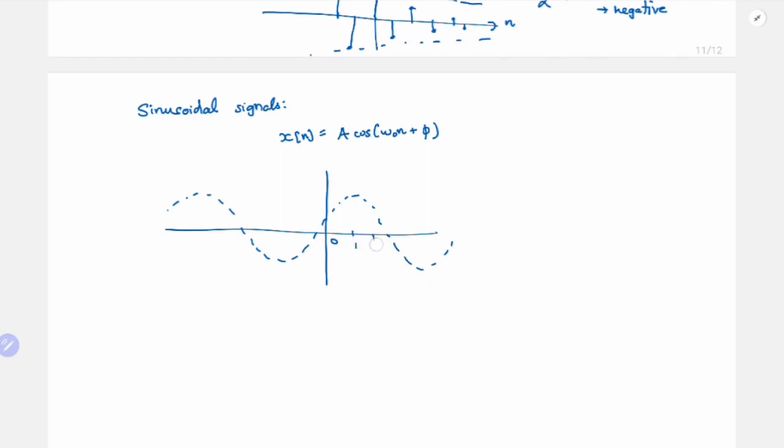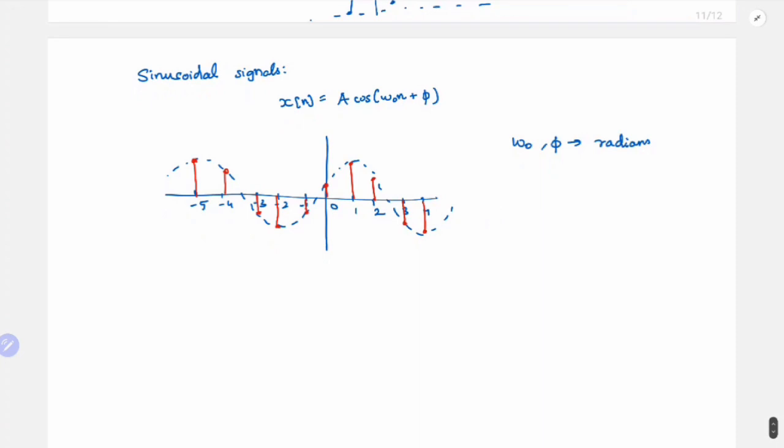And at integer values, you will actually have the samples. So your signal will look like this. This is 0. Okay, so this red color will be your actual discrete time signal. And your units of omega naught and phi both will be in radians, because n is just an integer, we are considering it has no units.